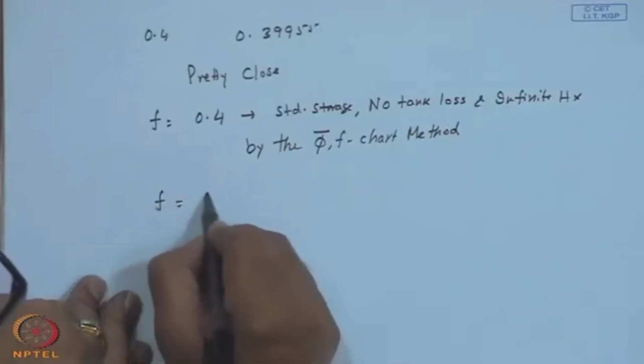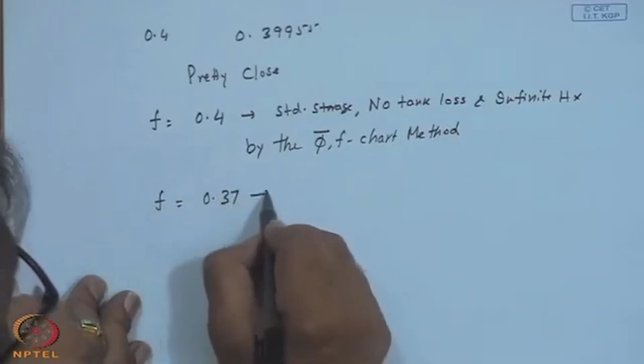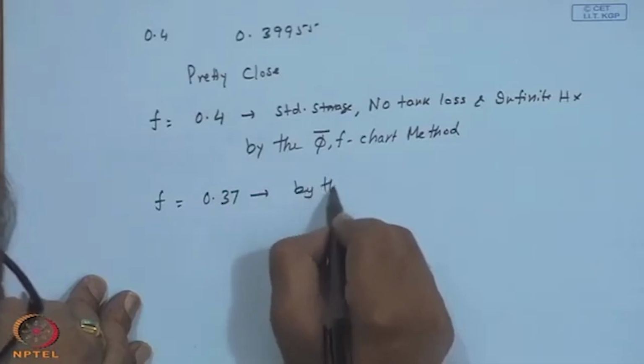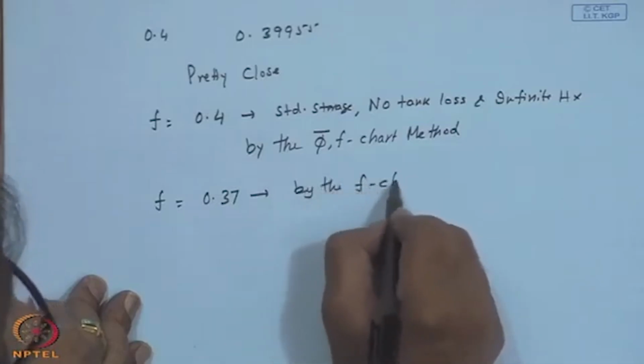This is about 0.37 by the F chart method.